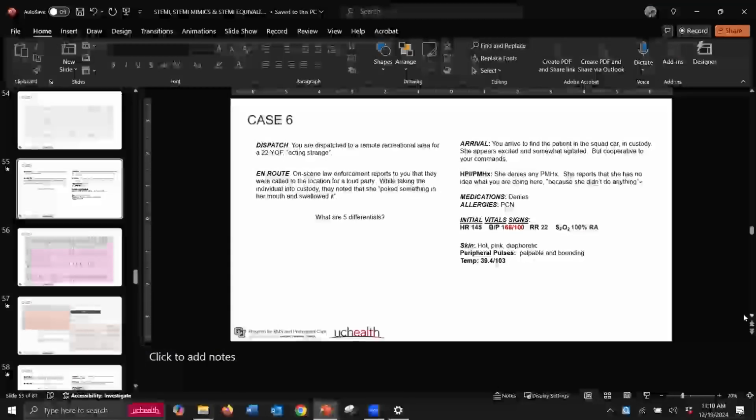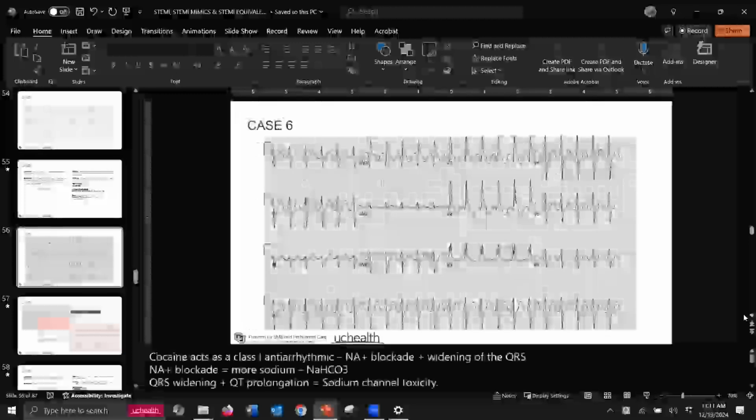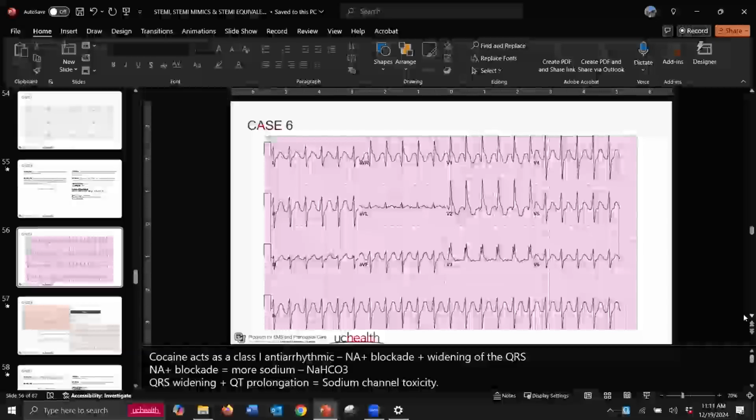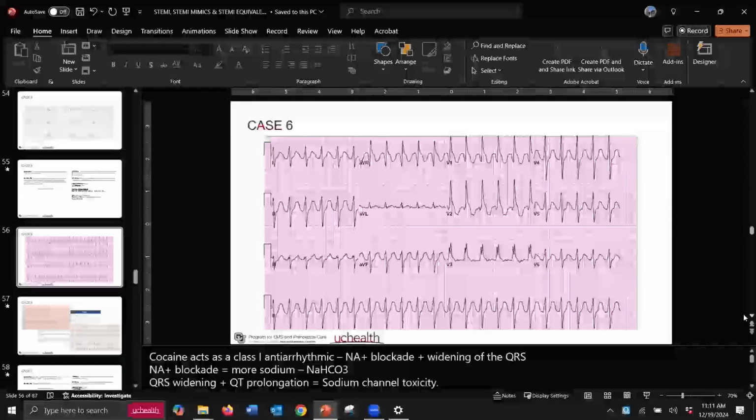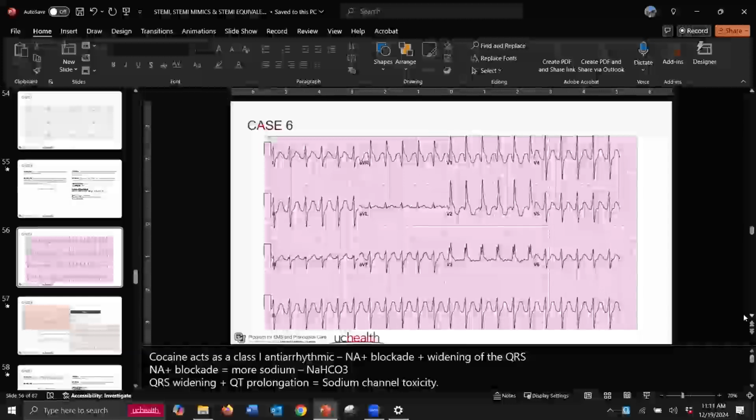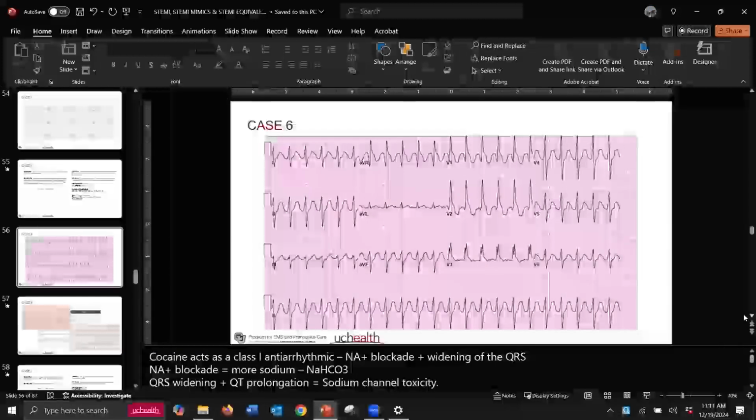And this is an EKG class, so obviously you want to see an EKG. What do you see? At a rate just under 150.